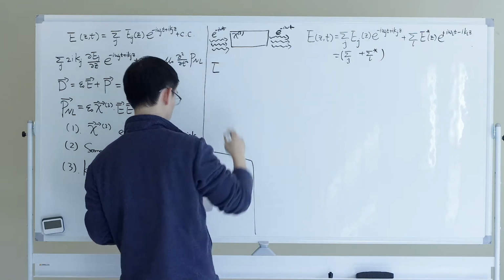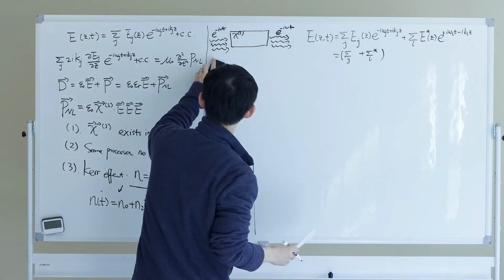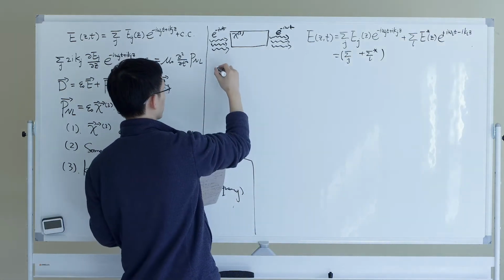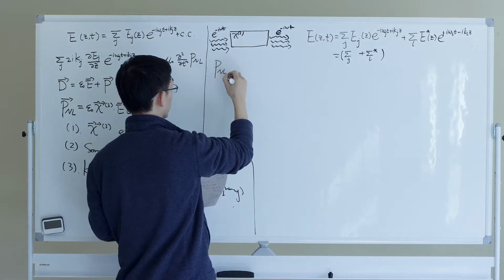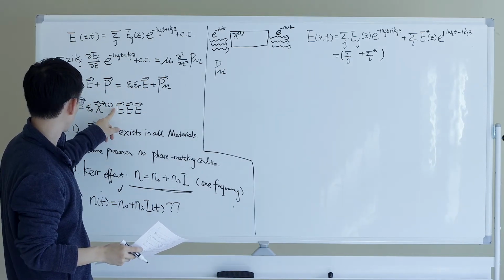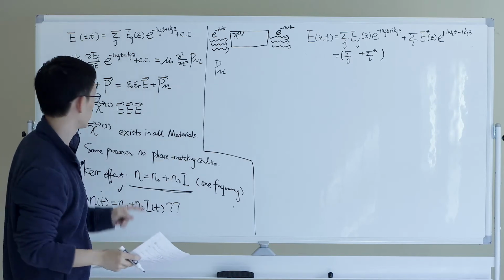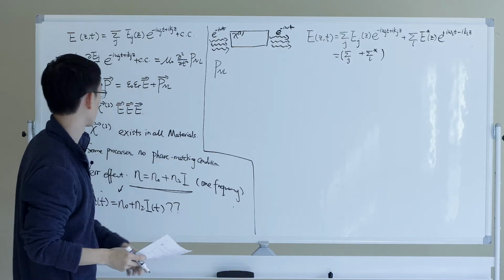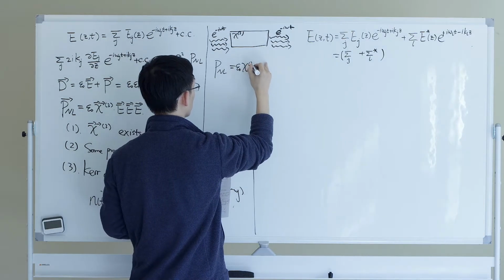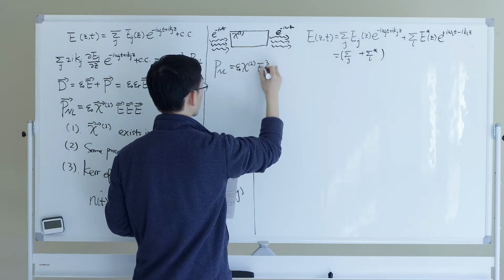E cubed. And just like before, to simplify the math, we assume that all the polarization vectors here are pointing towards one direction, so that we can get rid of the vector here. Epsilon chi 3 E cubed.